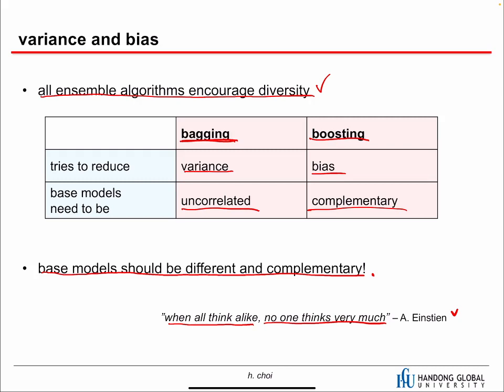But the important thing is that we have to make the classifiers different. So when you train the first model, then the second model should be different from the first model. How? It could be based on the different training set, or it could be based on different initializations, especially when you use the deep neural networks.